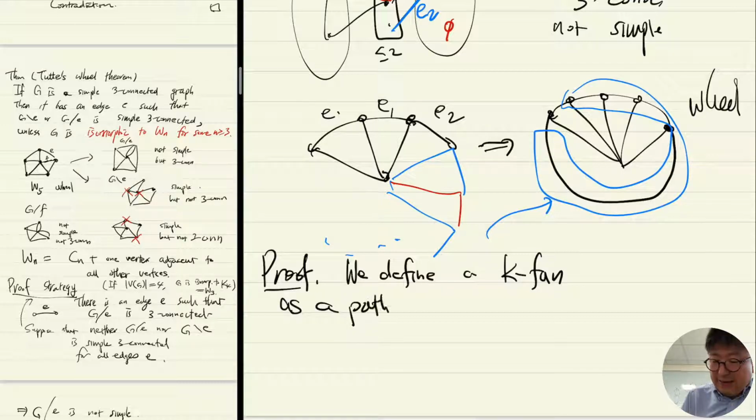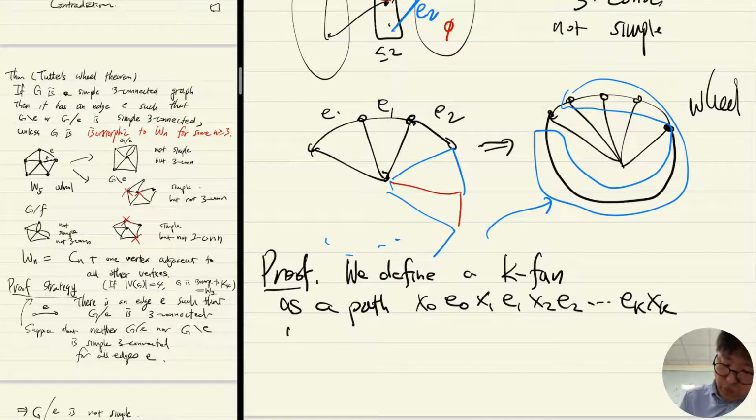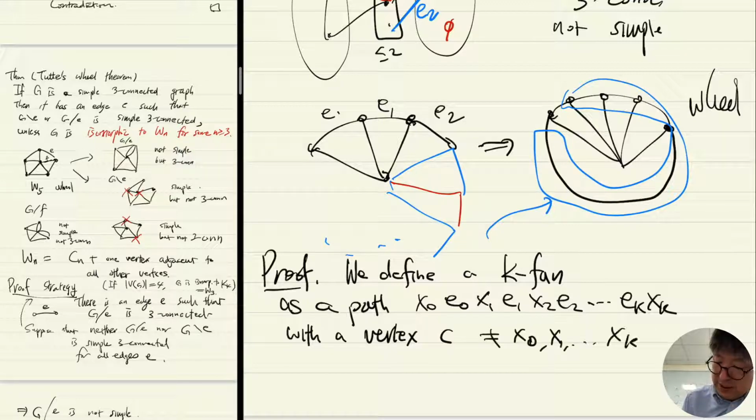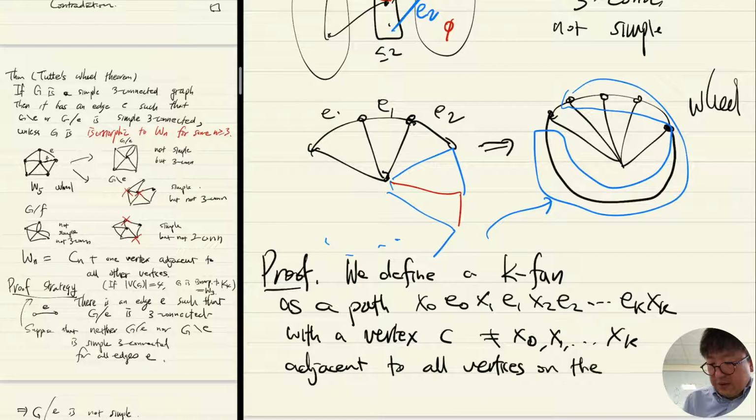As a path, x0, e0, x1, e1, x2, e2, ..., ek, xk, with a vertex c different from x0, x1, up to xk, adjacent to all vertices on the path.